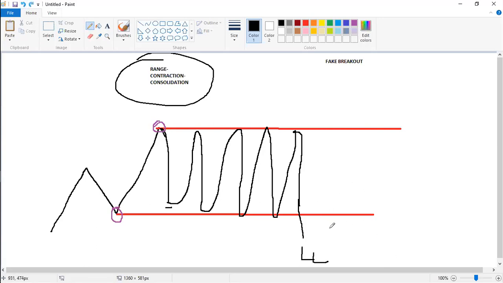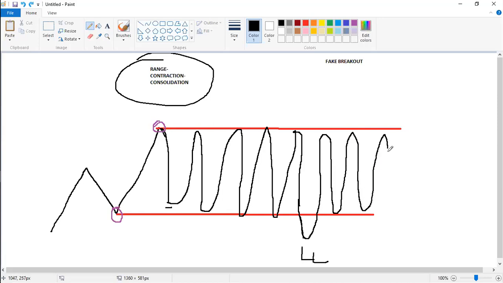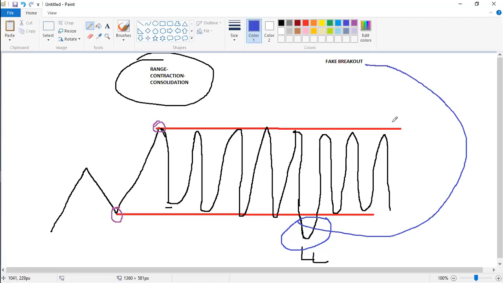But price does this: lower low, lower high, no low. Then they do this. They continue with the old range. So this one here, that's what we call a fake breakout. That is a fake breakout. It's a BMS, but then price comes back and continues the range.